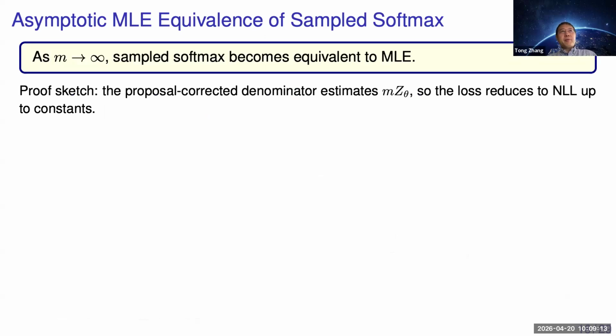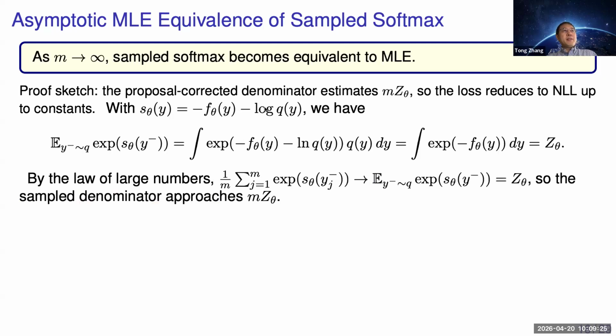You are sampling from a proposal, which is stable. This is the logit, and this is the energy minus this term. Why do you want to subtract this term? You take the expectation of this, and it becomes this; this cancels this.